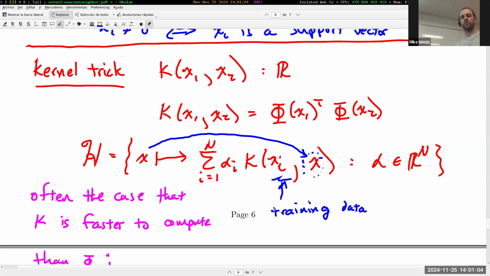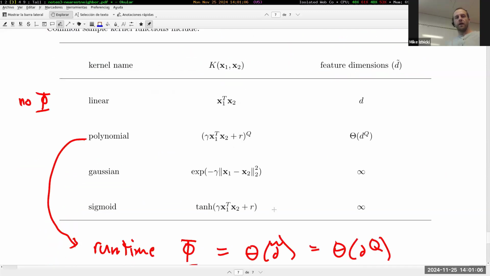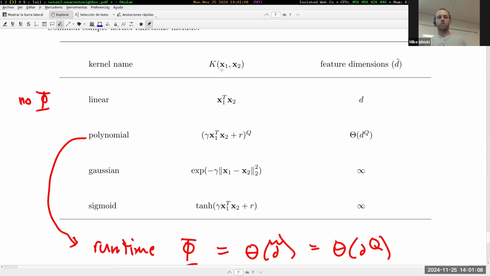What are x1 and x2? Here, the question is, what are x1 and x2 in this k function? So k is defined generically for any two data points in your feature space, in your data sets. So x1 and x2 are just generically any two data points.